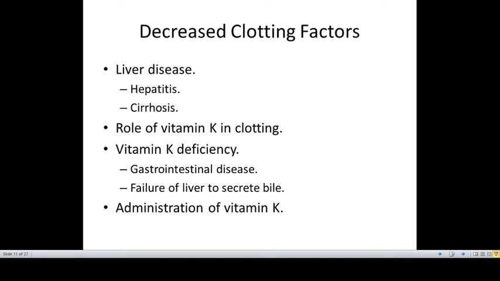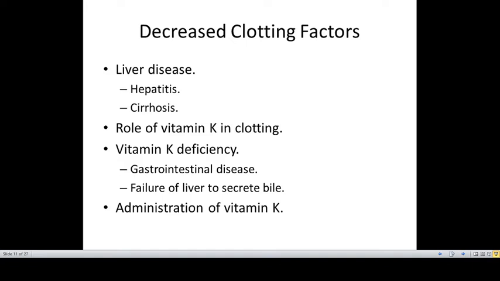In one of the previous lectures, we learned that almost all of the blood clotting factors are formed by the liver. Therefore, diseases of the liver such as hepatitis and cirrhosis can depress the clotting system, leading to bleeding.